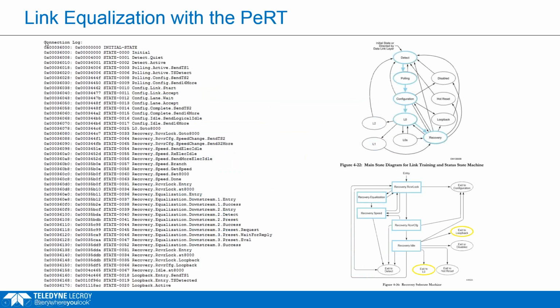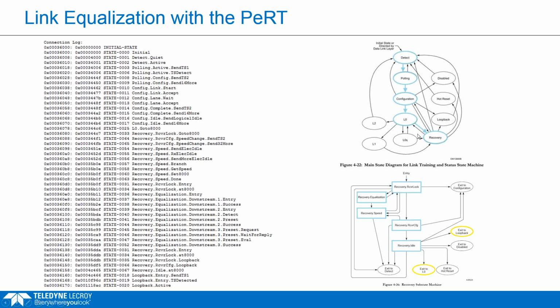So what I'm showing here on the left, all this text, this is a state machine log from the PeRT. So as the PeRT walks the device under test through the different states, it logs each of the states it goes into, so you, as a user, can view each of the states and see exactly where your device is going and where the PeRT is taking it.